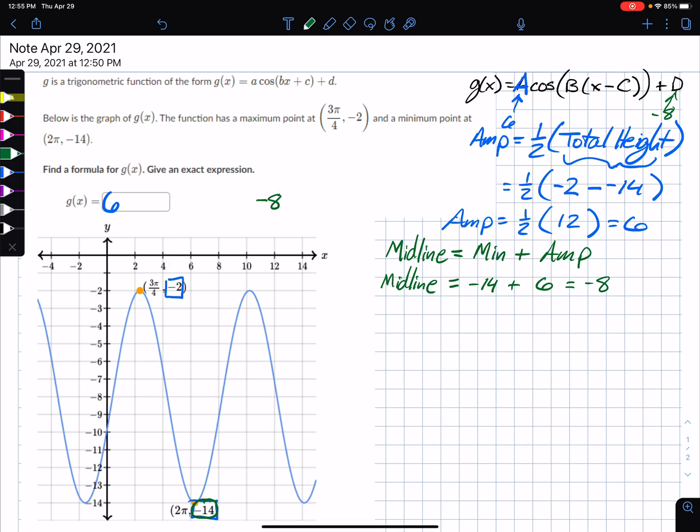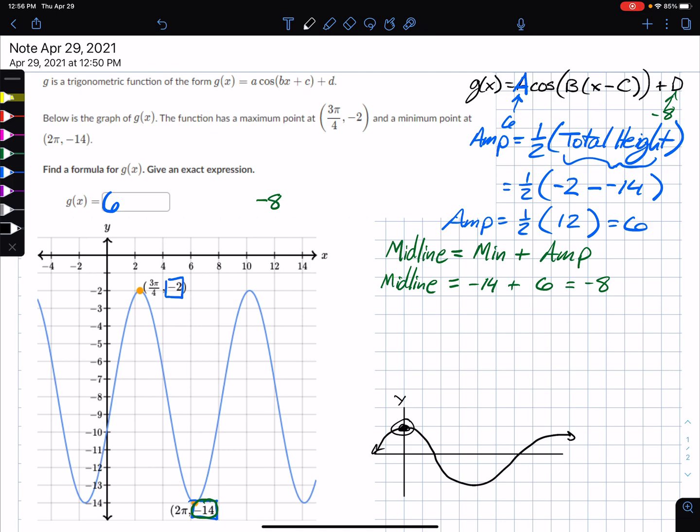Now, I mentioned earlier that I do believe cosine will be an easier model to go with rather than sine, and I'm just going to echo the reason why for that. Remember, with cosine, in its parent function status, it starts at the top of its amplitude on the y-axis.